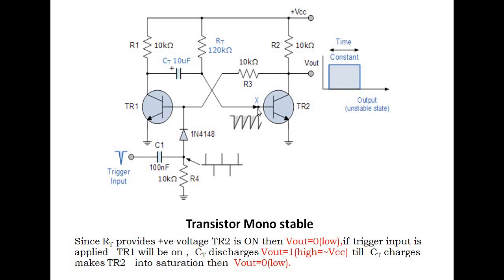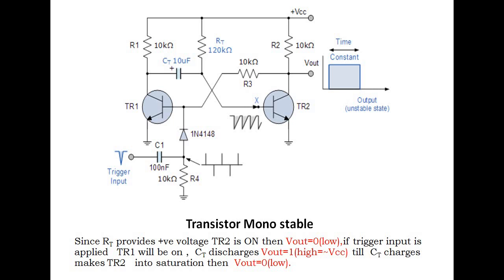The negative voltage will be transferred to the base of TR2, which will be off, right? So if TR2 is off, output is going to be high, as TR2 is in cutoff mode.